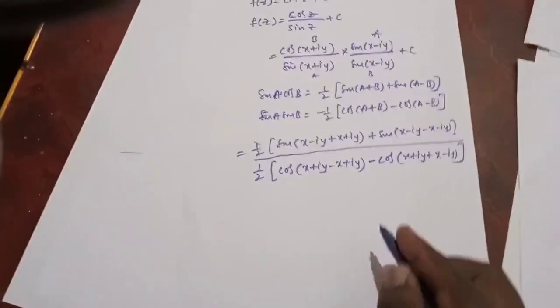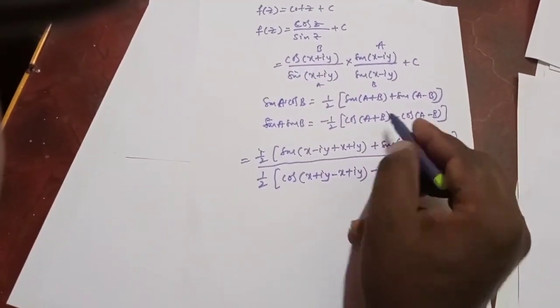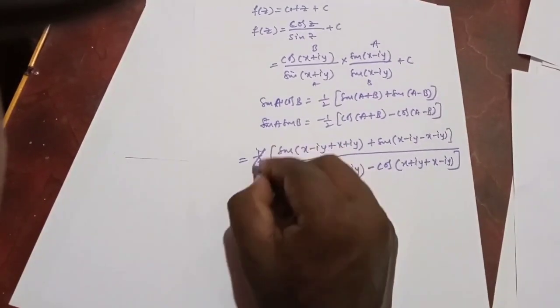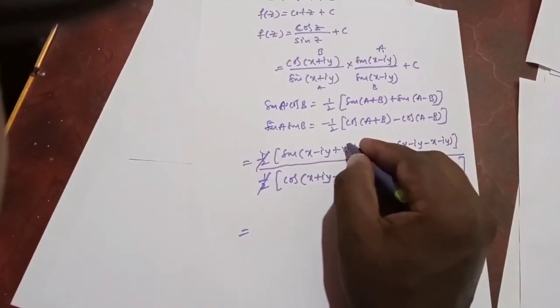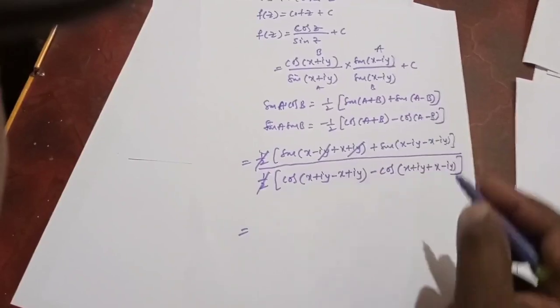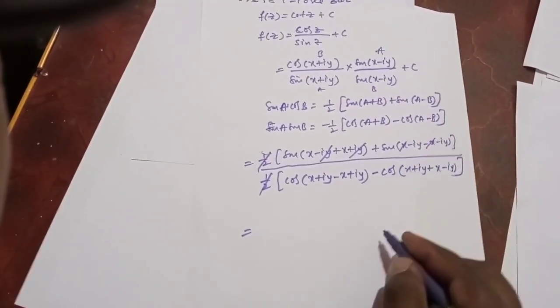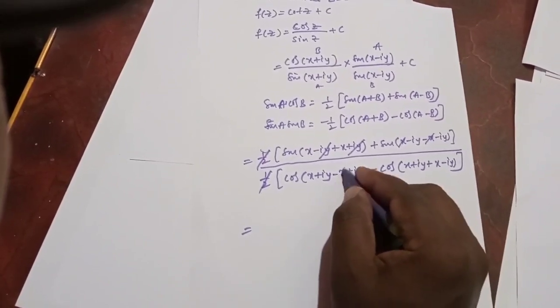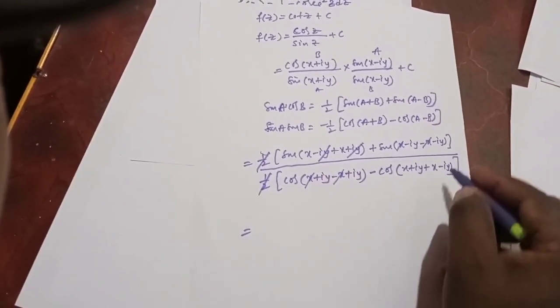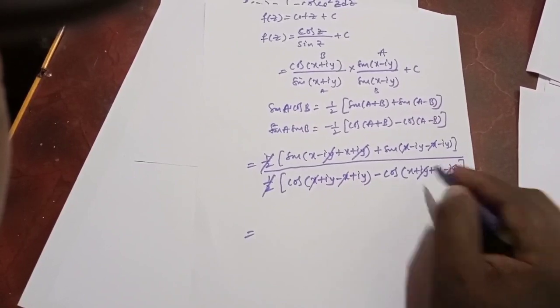Here we have to multiply this with negative sign. So 1 by 2 gets cancelled. Here also plus iy and minus iy get cancelled. Here plus x minus x get cancelled. Here also plus x minus x get cancelled. Here also minus iy plus iy get cancelled.